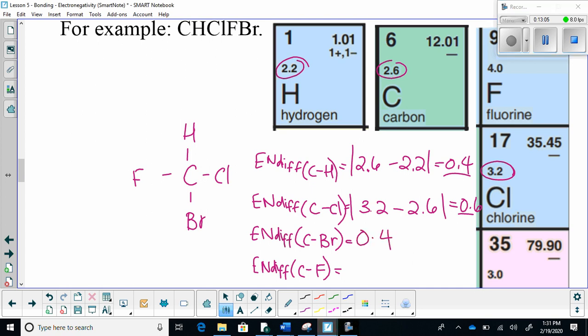What about carbon and fluorine? 1.4. Okay? So please do not do weird things like multiply these numbers together, add, total, or subtract them. That is not the goal of this. You have to calculate the electronegativity difference for every new type of bond there is.